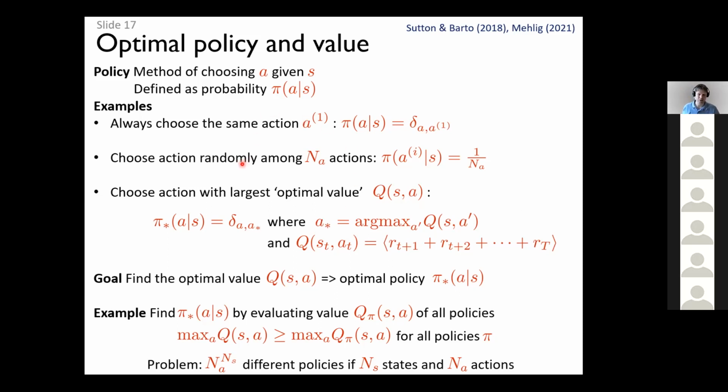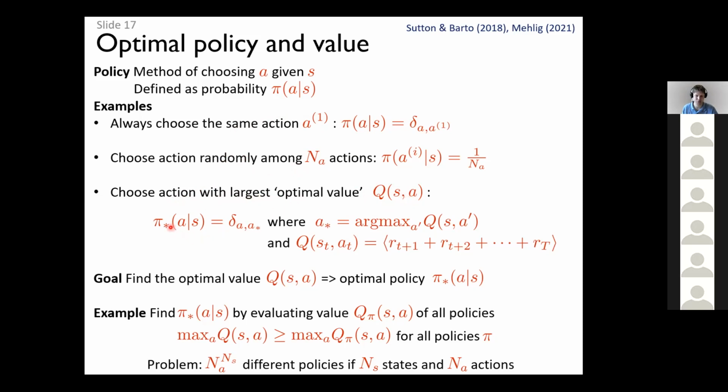So these are two examples of ways to construct a policy. And the third way, the way we are interested in, is to choose an action with the largest optimal value, as we call it. We denote the optimal value by Q of the state and action.